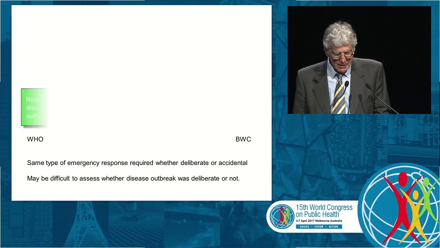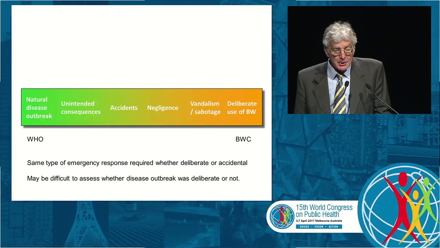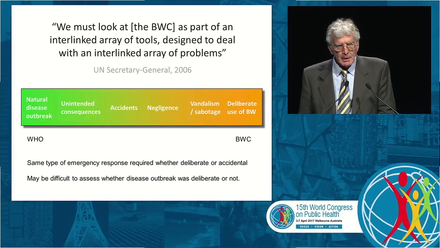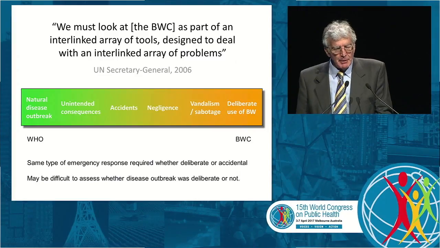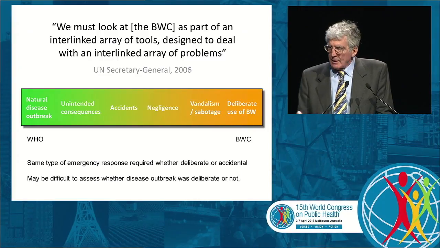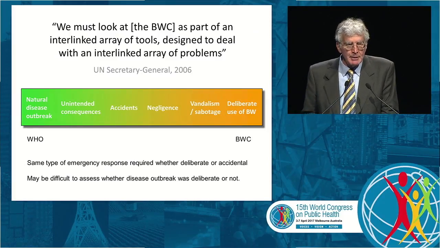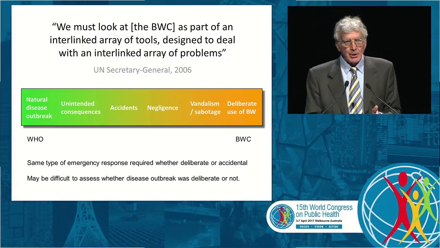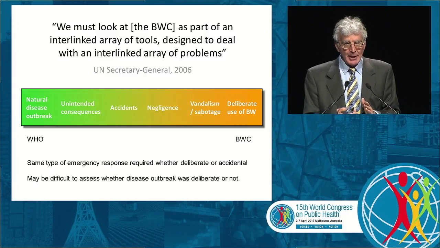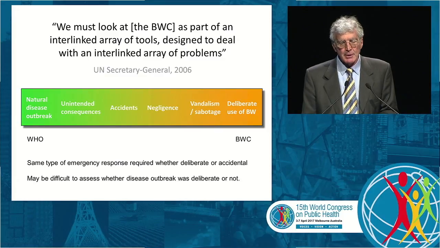Okay, so this sort of brings us to, I guess, BWC Mark II, if you like, and that really is the point that, as you can see from that spectrum, starting off on the left-hand side, the green side, going to the red side, disease can occur, or disease outbreaks can occur for a range of reasons.